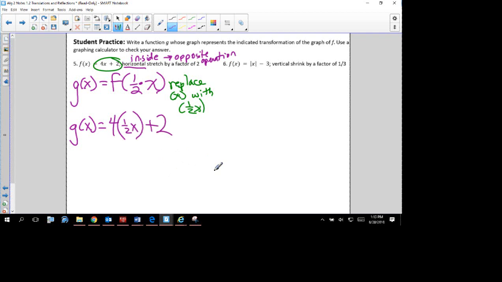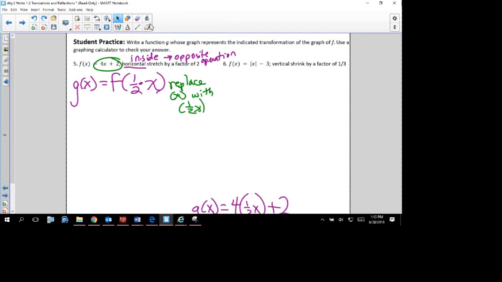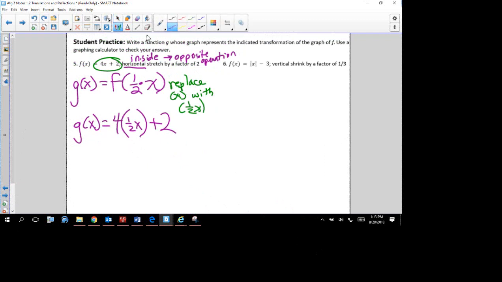And then you ask yourself, is there something we can simplify? 4 times a half. So g of x equals 2x plus 2. If you did it correctly, that's what you get.